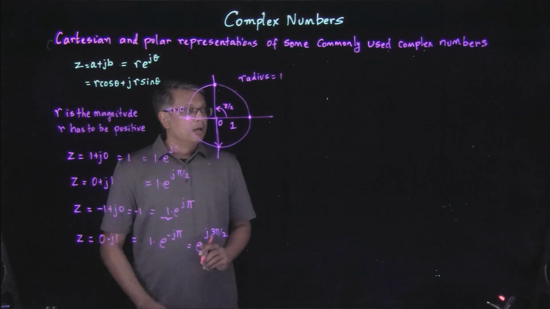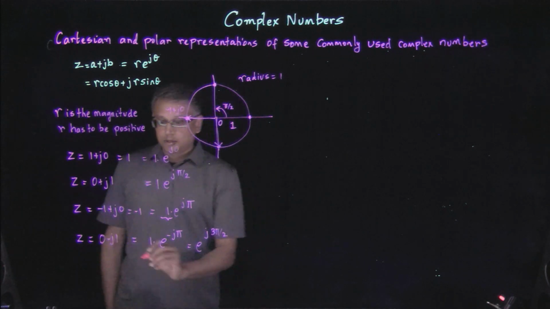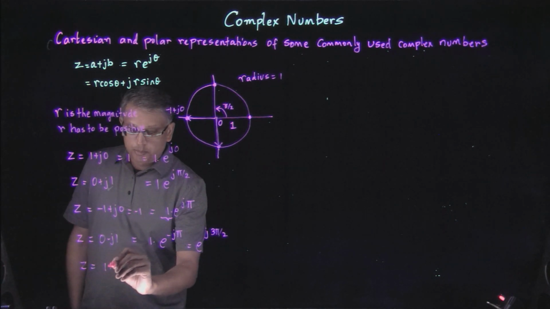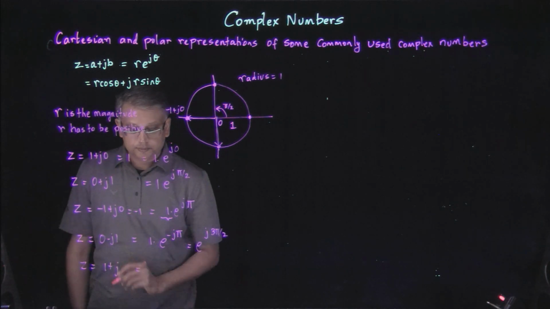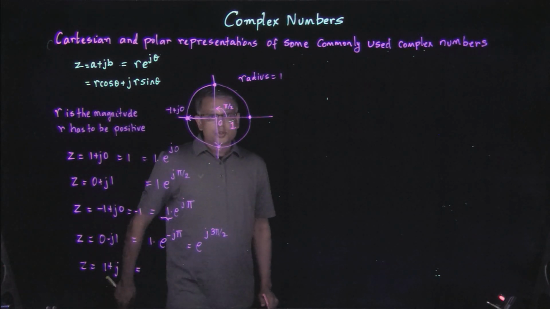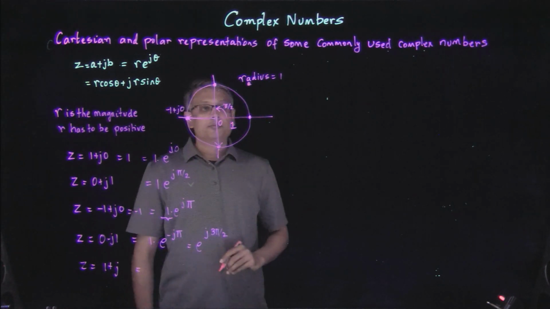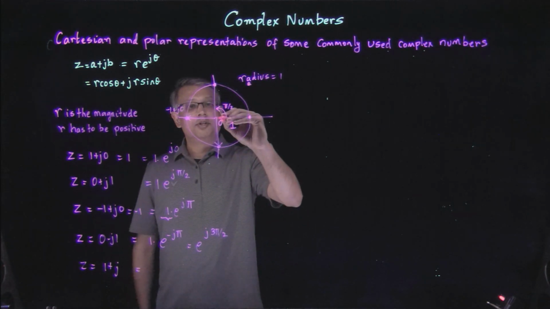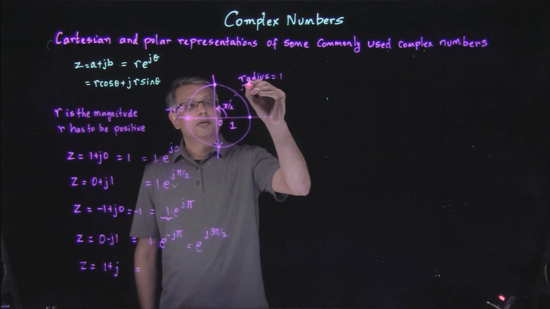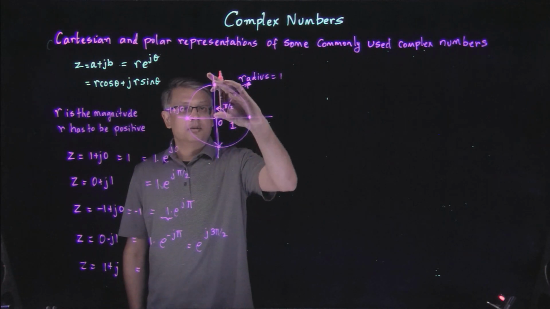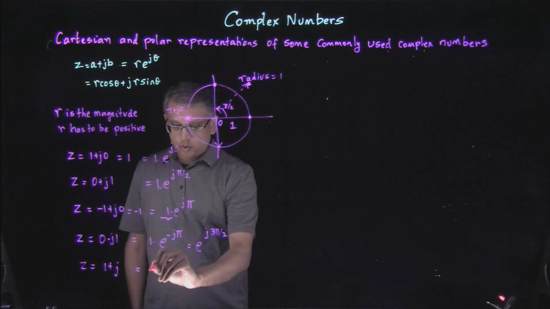Okay. Let's take one more example. How about z is equal to, let's say, 1 plus j. So z equal to 1 plus j is a vector that lies here. The magnitude of this vector is going to be square root of 1 plus 1, which is square root of 2.